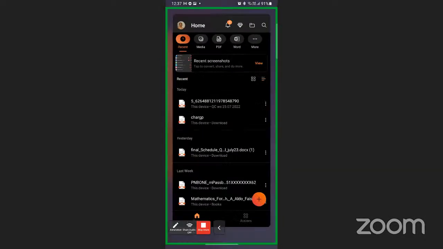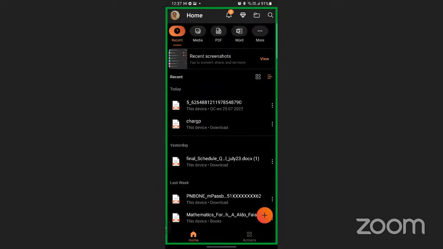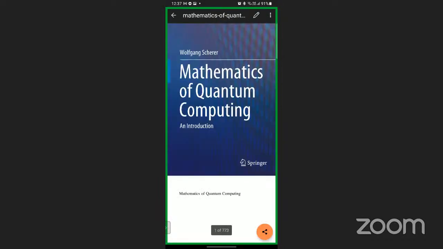Okay, finally it rotated. There is one book. Can you read this? Mathematics for Quantum Computing. Yeah, now it's clear.